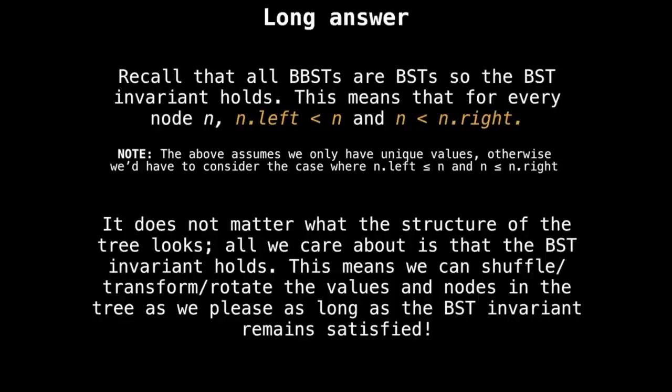So in this sense, it doesn't matter what the tree structure itself looks like. All that fundamentally matters is that the binary search tree invariant holds. This means we are free to shuffle, transform, or even rotate the values of the nodes in our tree as we please, as long as the binary search tree invariant remains satisfied.